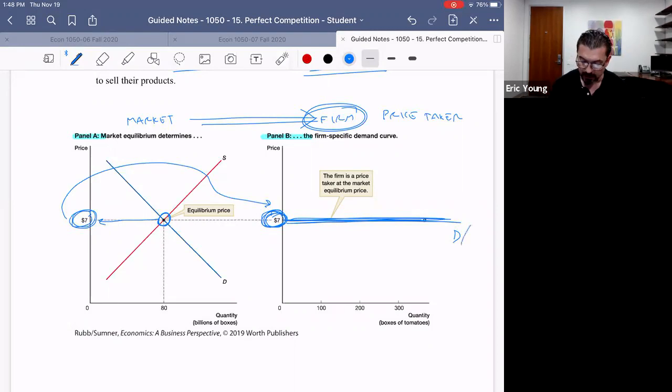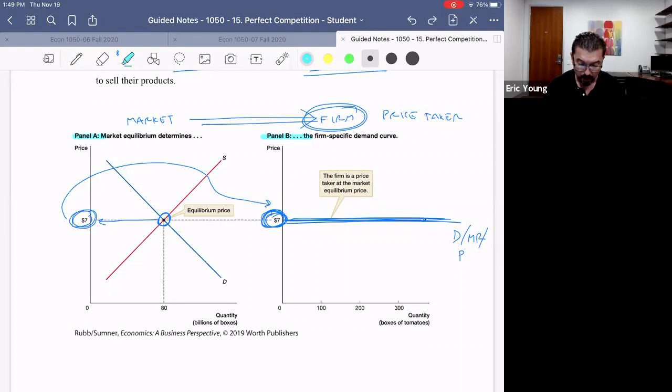In addition, what we're going to learn is that this demand curve is not just the price, $7, but also the marginal revenue. So critically, again, to recap this, decisions at the market level with market supply and demand end up influencing the firm level.